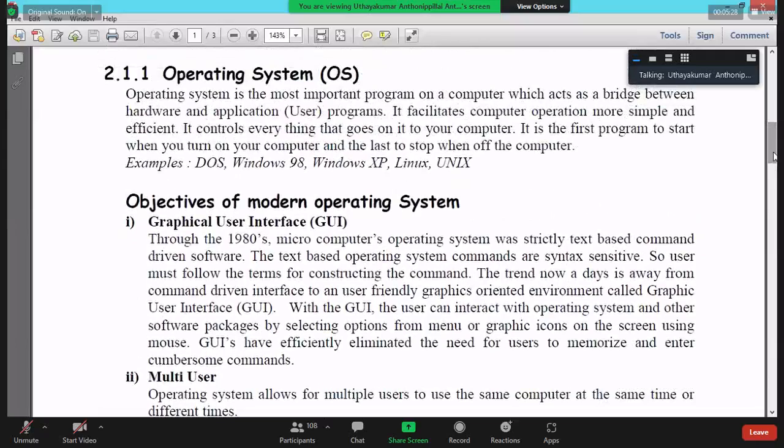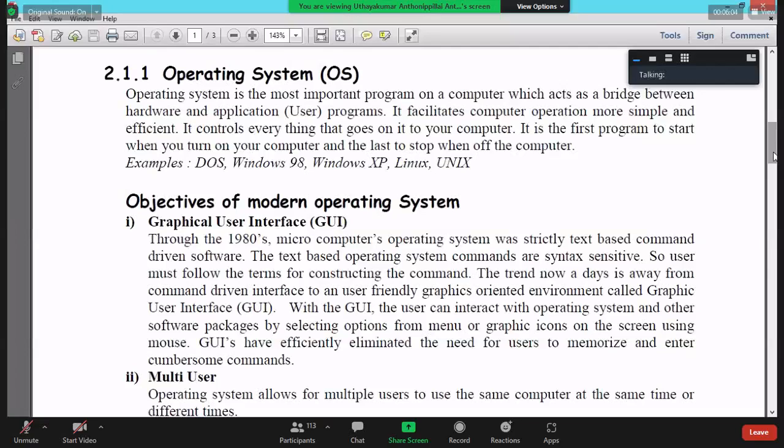Examples of operating systems. First one, DOS. DOS means disk operating system, which is an event-driven program, so each event you have to write down. Then Windows 95, Windows 97, Windows 98, Windows 2000, Windows Me, Windows XP, Windows Vista, Windows NT, and so on up to Windows 10.